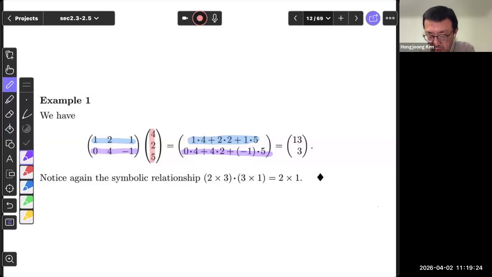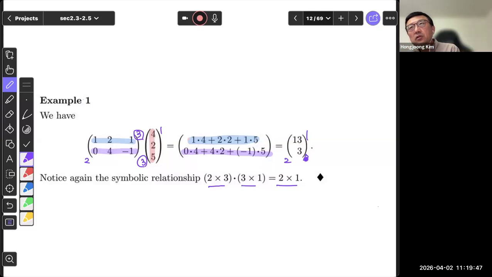And as I said, this is a 2 by 3 matrix and a 3 by 1 matrix, so these two must match. Then the result will be a 2 by 1 matrix. So 2 by 3 times 3 by 1 will give you a 2 by 1 matrix.